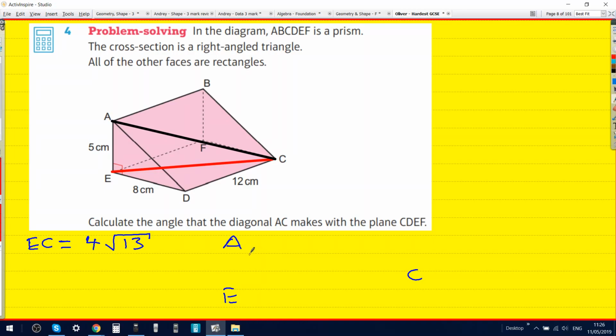So we could do opposite and adjacent, which is tan. So the right angle is at E. Yeah, sorry. Go on.